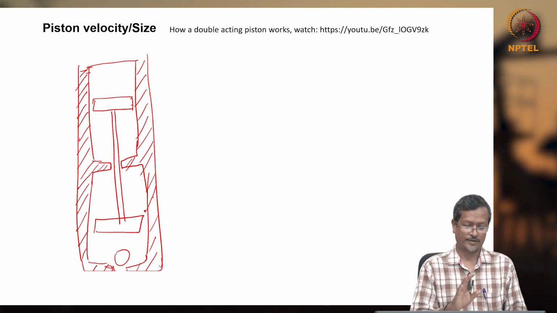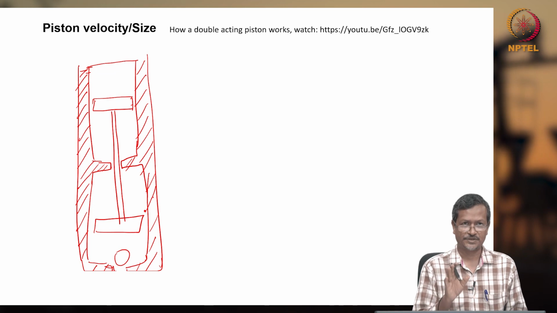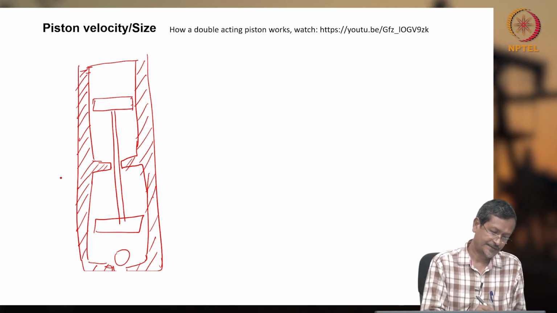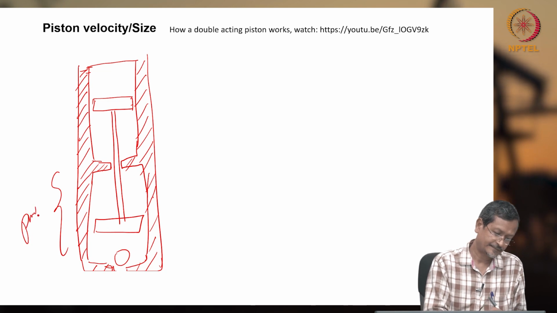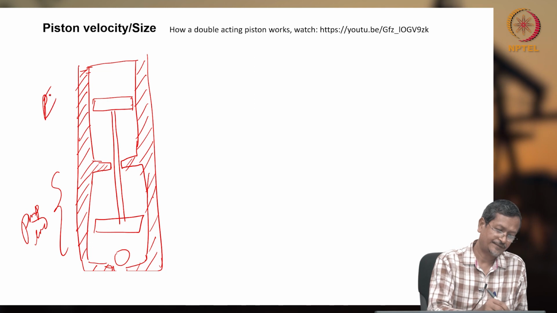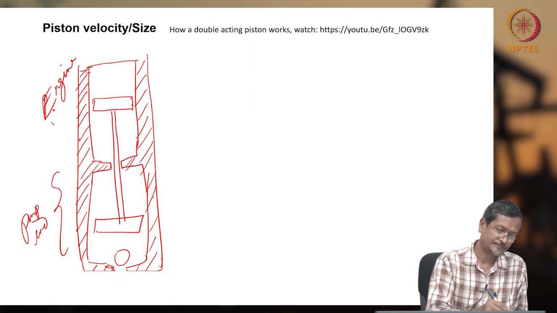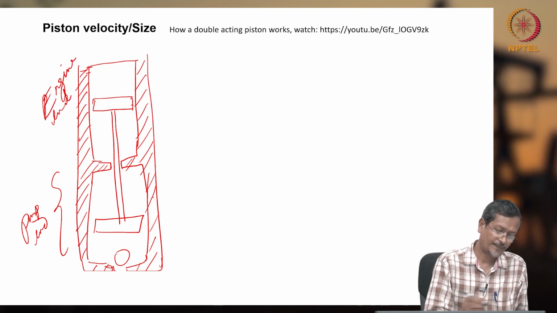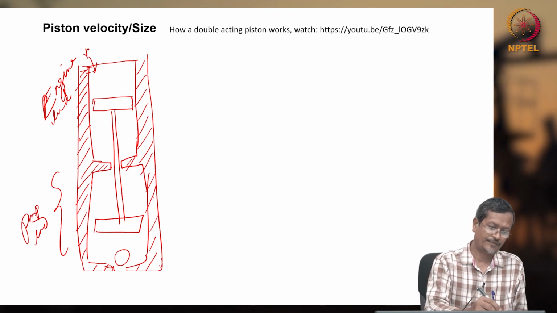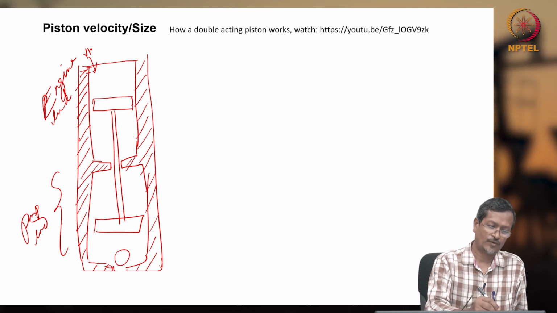I am not showing the cross section of the piston and piston rod. This is my pump, this side is my pump end. This is the engine end of the piston. Now I have a valve here, V1, I will name it VE1, valve of engine 1, valve of engine 2.